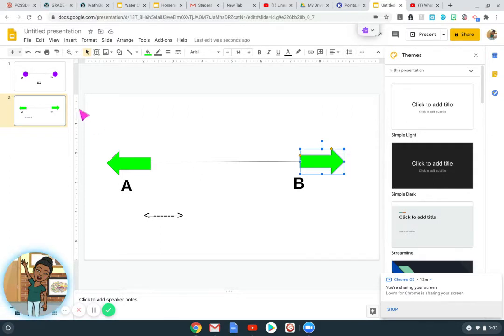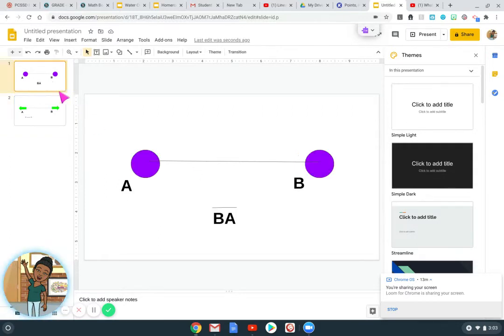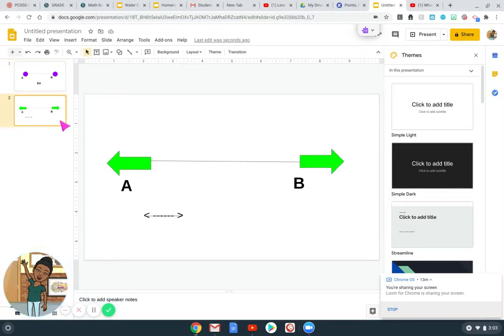So here is a line. And when we have a point on the end, we have a line segment. To represent this line that never ends, we are still going to use AB. We're still going to use our names, AB or BA, but this time we're going to put an arrow at the end of each line to show that the points go on and on.